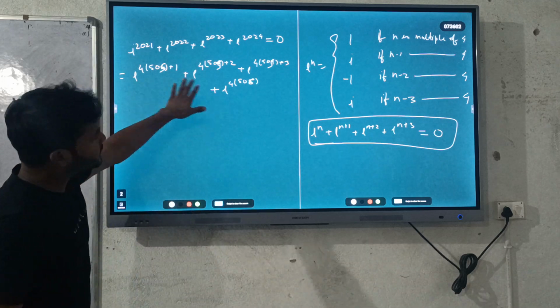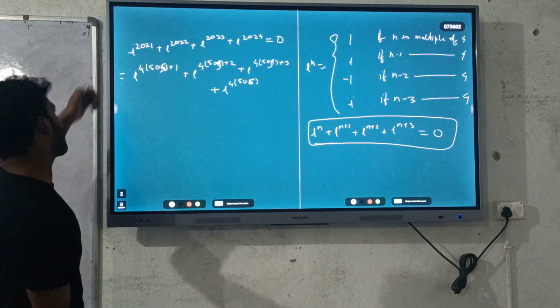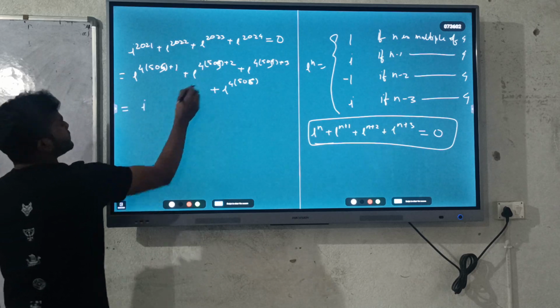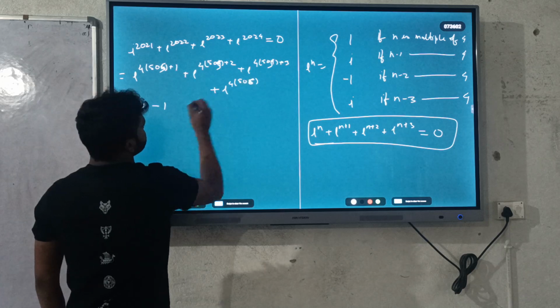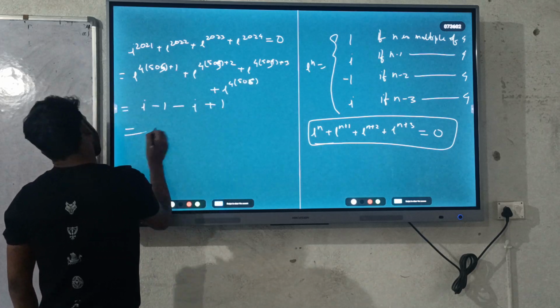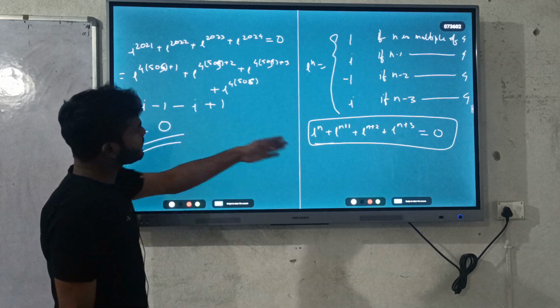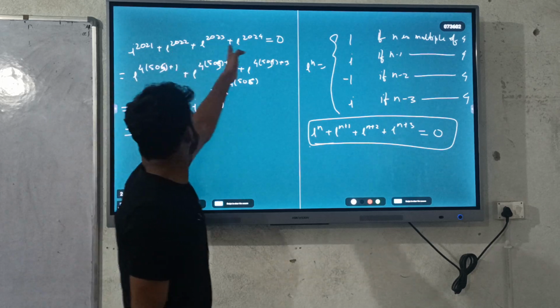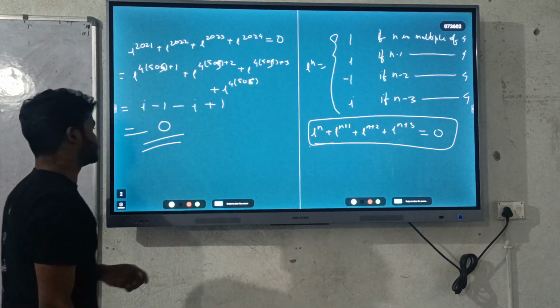Now we can see it written in this form, and from the previous result we know that this value is i, this value is -1, this value is -i, and this value is 1. So we get the value 0. That is a verification of the result that when we take 4 consecutive powers, we get the value 0.